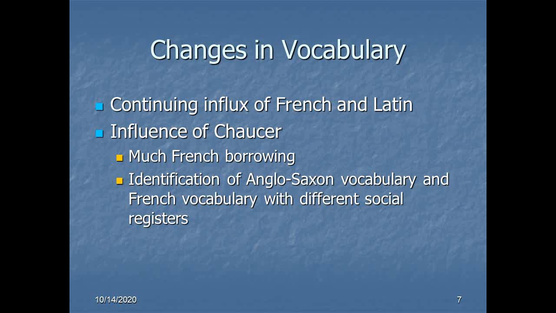He read, aside from English, French, Latin, and Italian, and he was comfortable with the poetry of French, Latin, and Italian, as well as the poetry of English. He spent some time as a prisoner of war in France during the 100 Years' War and was ransomed back, I believe by John of Gaunt. While he was in France, he of course had access to a library.